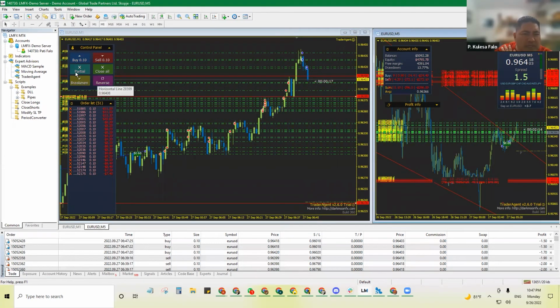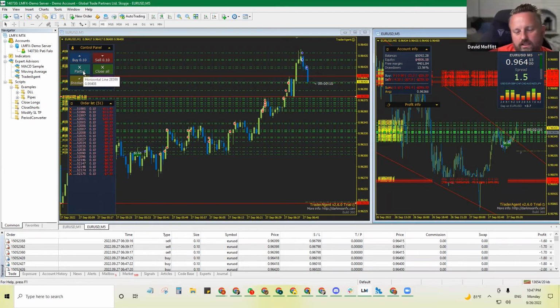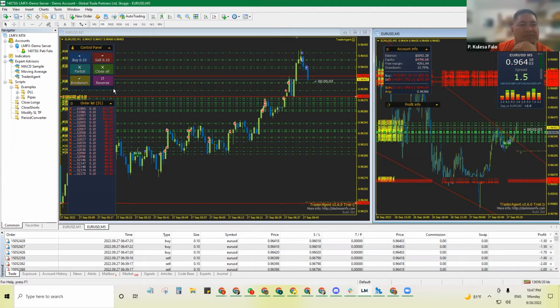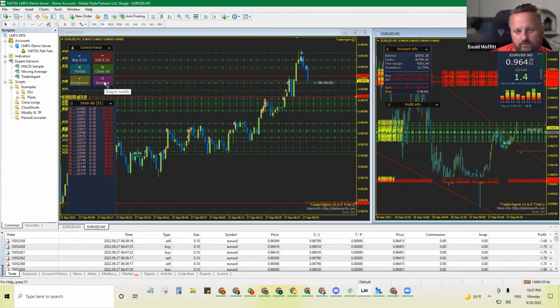What's partial and break even again? Break even is if you click that, it'll close out all your trades once you break even. The reversing is where it's going to close out all your trades and enter into the opposite direction, which you don't necessarily want.